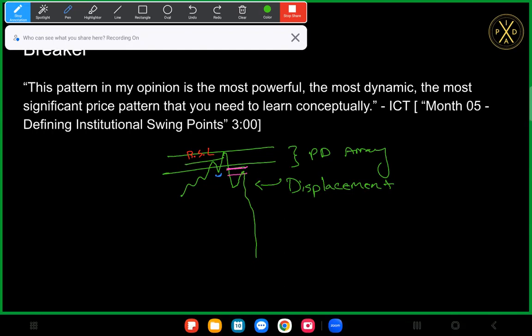And especially when it forms at a PD array, there's a good chance that price is going to use that level to want to turn around from, because you have that ICT 2022 model, you have a breaker, which ICT praises so much, right? And then price comes back up within that breaker. And we already talked about the logic behind this delivery over here, right? And why it's so powerful.